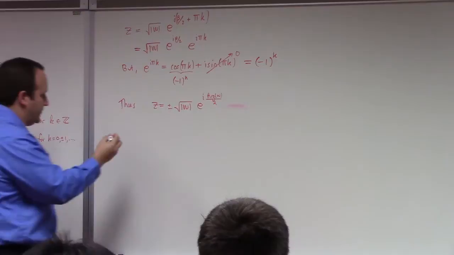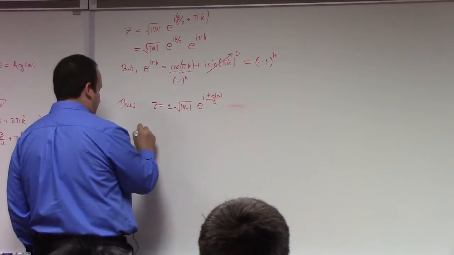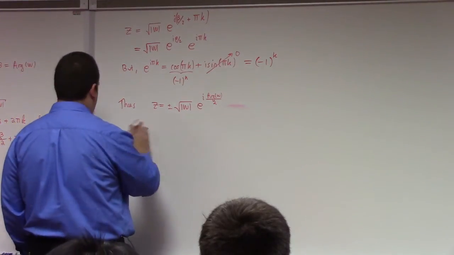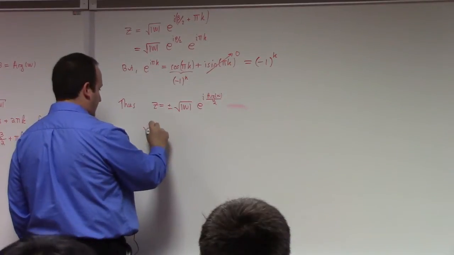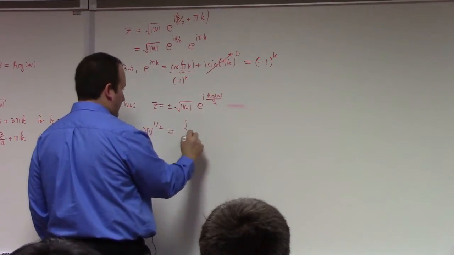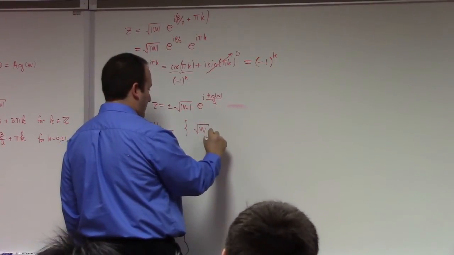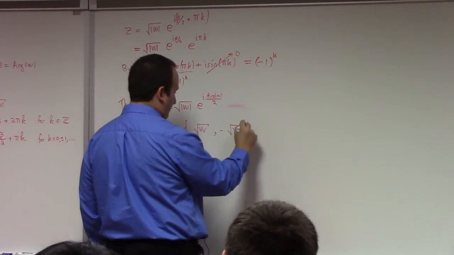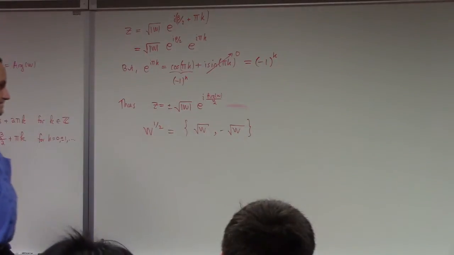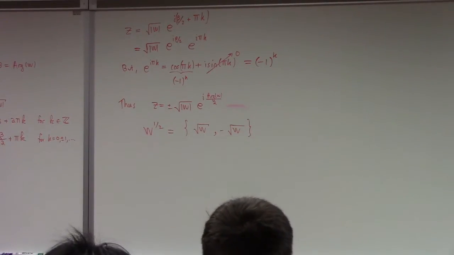Okay, so more to the point, W to the 1/2 is equal to the square root of W, comma, minus the square root of W. Now, I say square root, but what should I say to be more honest? What am I really saying?